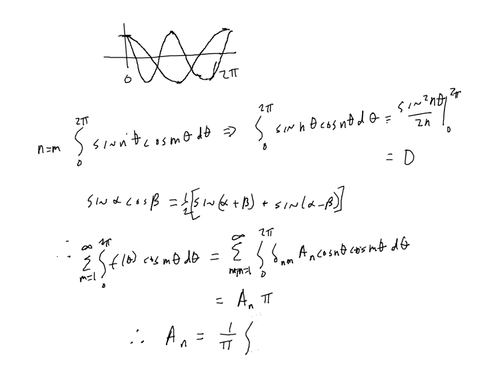So what we have left is the integral from 0 to 2 pi of f of theta cosine of n theta d theta. In other words, all I had to do was take my initial function and multiply it by cosine of n theta and integrate that from 0 to 2 pi and divide by pi, and all of a sudden one of my coefficients just pops out.